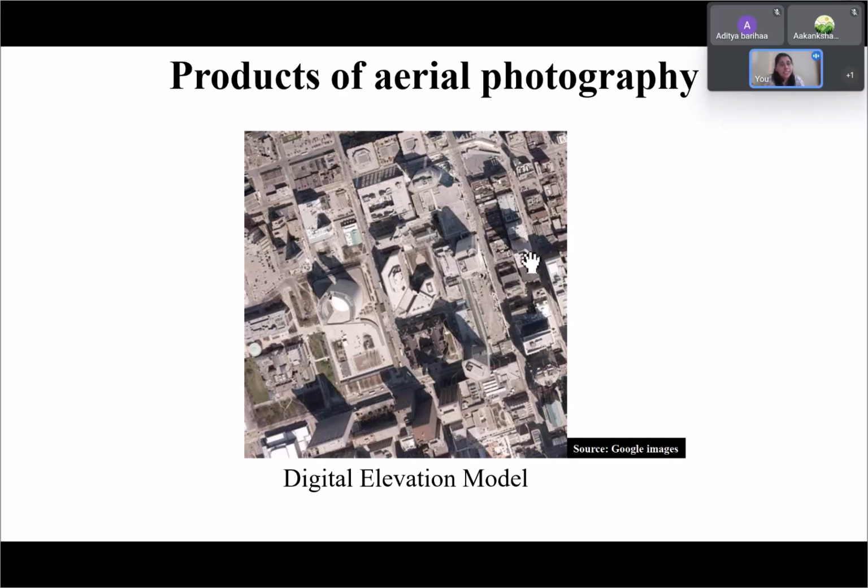And you can see that these show you the difference in height so well. This one is deeper, it's at a height, these are all at similar height. So you can make a digital elevation model using the information from the remote sensing data.